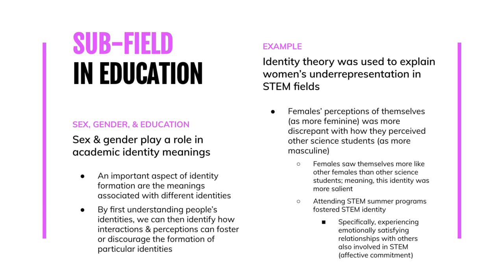What they found is that what actually fostered a STEM identity was not just attendance at these STEM summer programs, but specifically experiencing emotionally satisfying relationships with others who are also involved in science activities. So, a strong, effective commitment is very important here, and that encouraged the salience of this science identity and engaging in STEM activities.